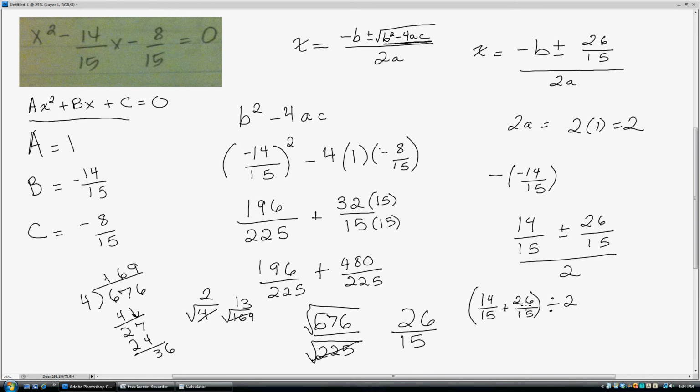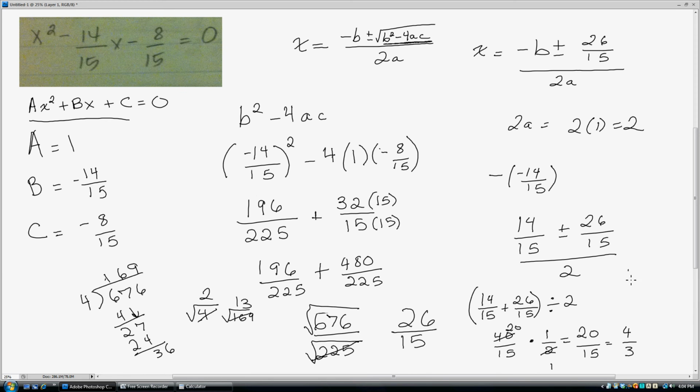That way I can find out that this is 40/15 times 1/2. And then, of course, properties of fractions let me reduce this to 20/15, which reduces by 5 to 4/3.